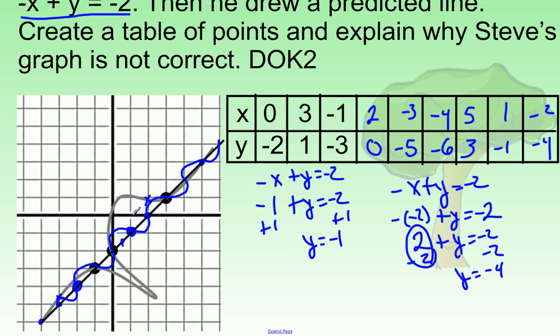And 3.5 would give me right here. And we could keep plugging in more points in between these other points to make our line as accurate as Steve wants, to prove him wrong that this line does not ziggy-zaggy, that it does go straight the way we have it. So that would be the line of the equation negative x plus y equals negative 2.